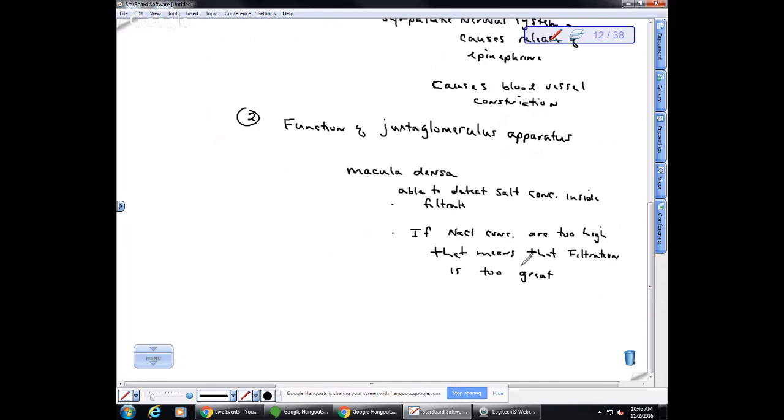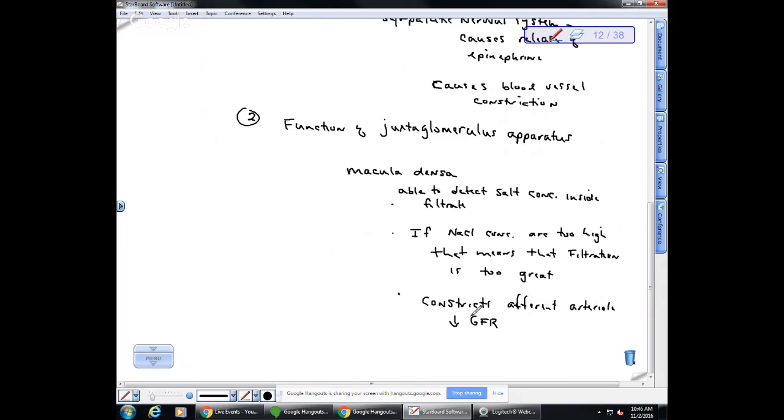The reason is that if you're producing too much filtrate and you're not able to reabsorb all the salt, there's going to be too much salt. This causes constriction of the afferent arteriole and decreases GFR, the glomerular filtration rate.